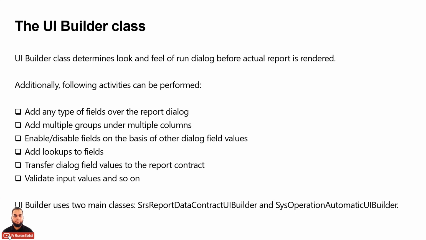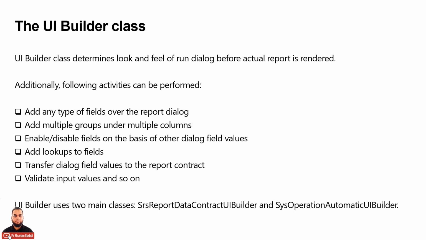Adding any type of field over the report dialog, that is very clear in the contract. Also, if we define a param method and decorate it, that can also be used. In the same way, at runtime we can define more of those fields in the UI builder class.